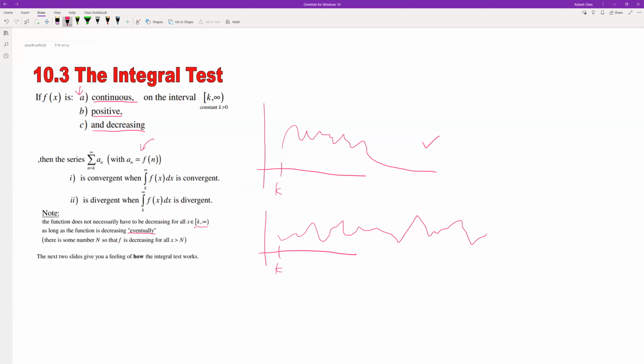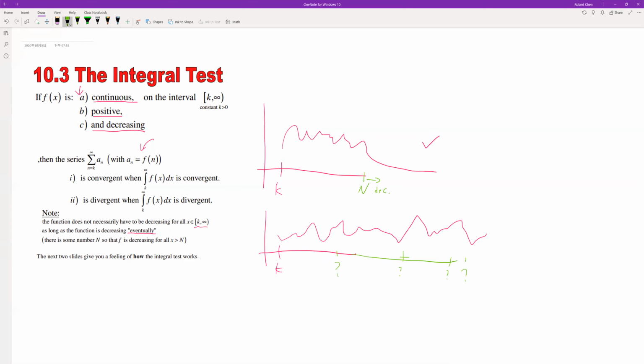Now there is some number capital N, so that f is decreasing for all x greater than capital N. So the capital N in our case would be somewhere around here. When x is greater than capital N, it starts to decrease. But here we cannot find a certain point of capital N where the function is decreasing.